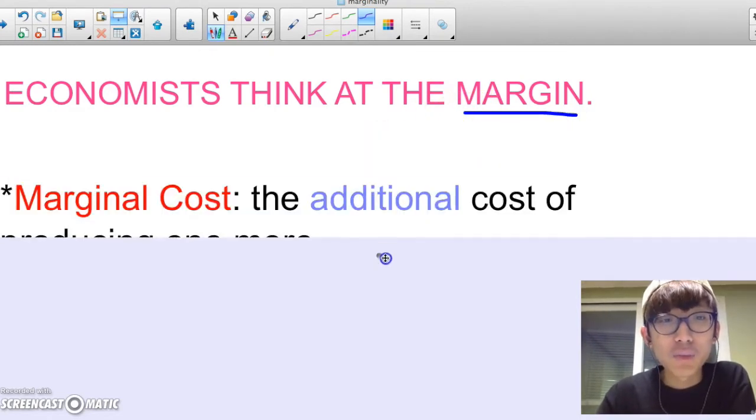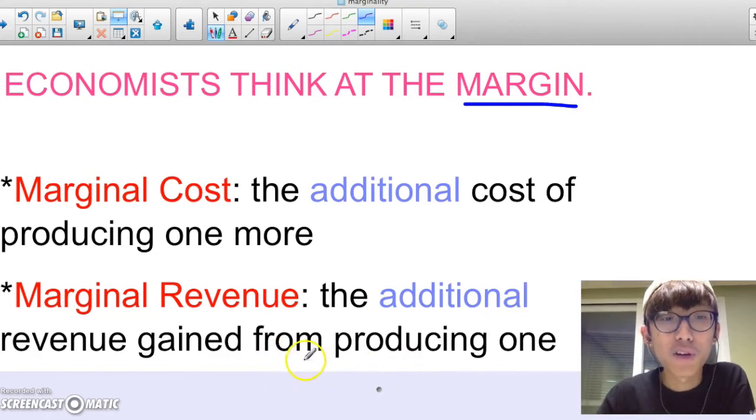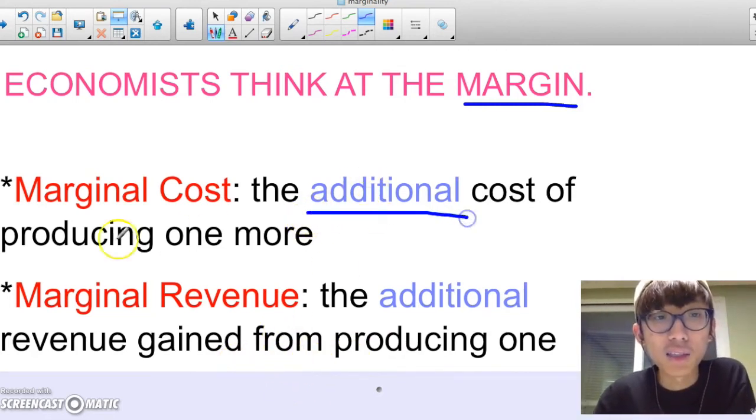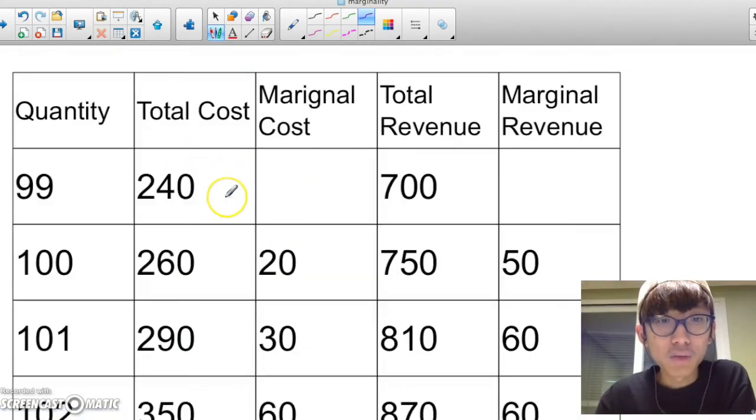Well, the best way to explain this is by telling you the definition of marginal cost and marginal revenue first, and then explaining further on. Marginal cost is the additional cost of producing one more quantity, and marginal revenue is the additional revenue gained from producing one more. So let's look at the next page.